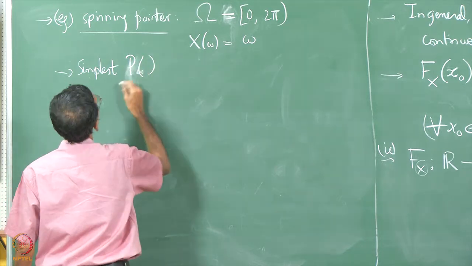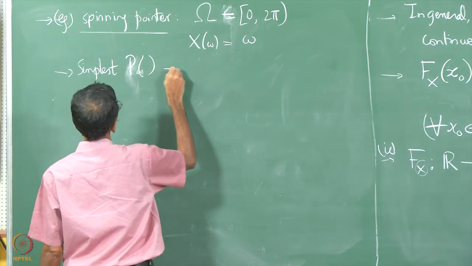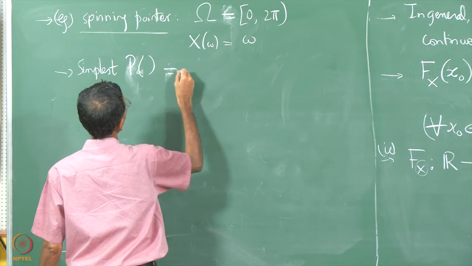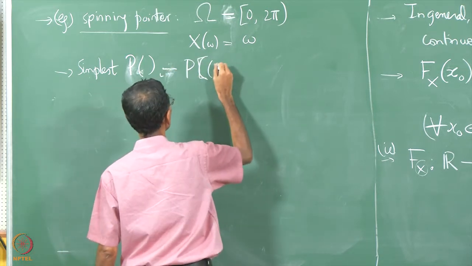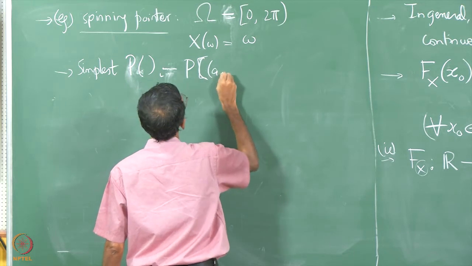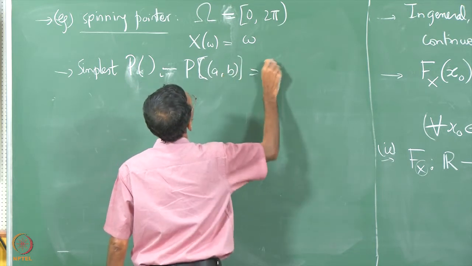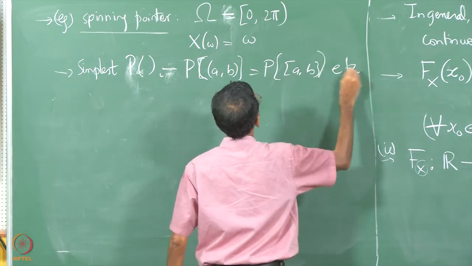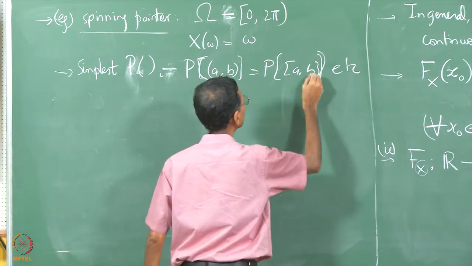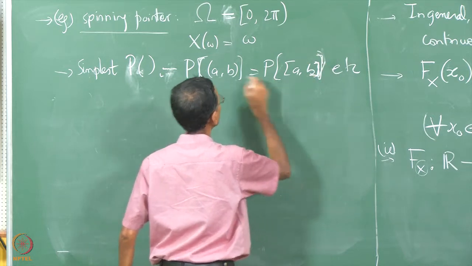The simplest P is defined as follows: you take any interval a b, whether open or closed, where these two numbers a and b are between 0 and 2 pi.